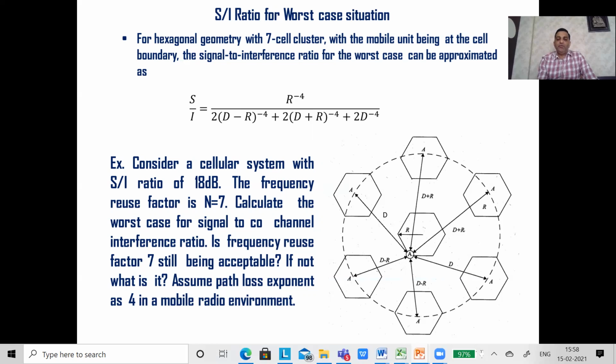So here we have to first of all verify whether frequency reuse factor 7 is acceptable or not. And if it is acceptable, then we have to find out what the S by I should be for the worst case situation. So let us look at the solution of this problem.